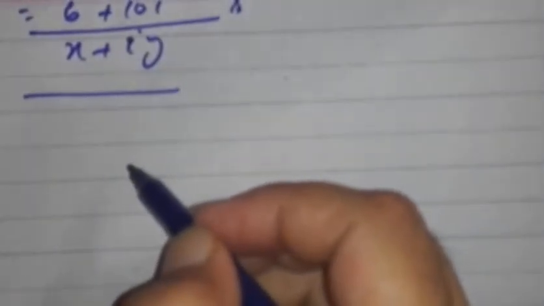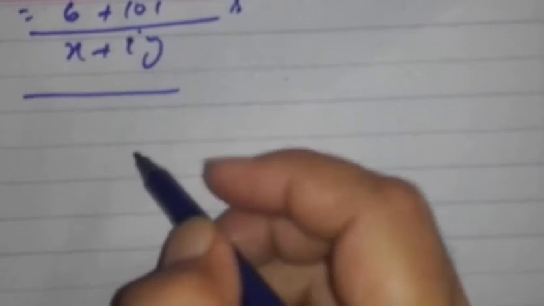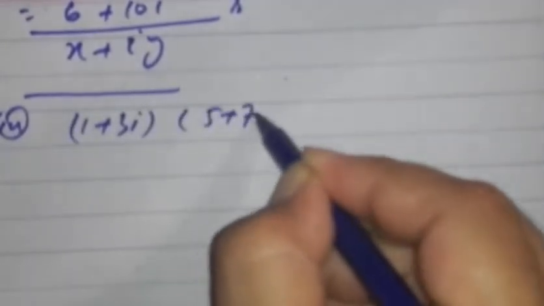Part third is multiplication. So look here, 1 plus 3 iota into 5 plus 7 iota.